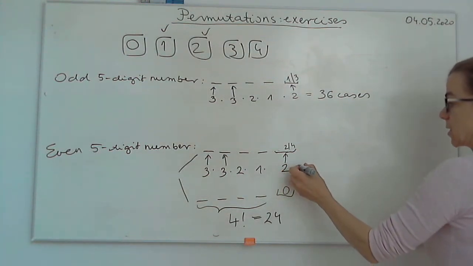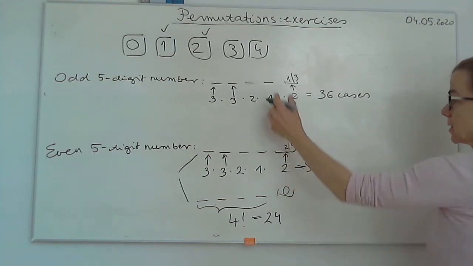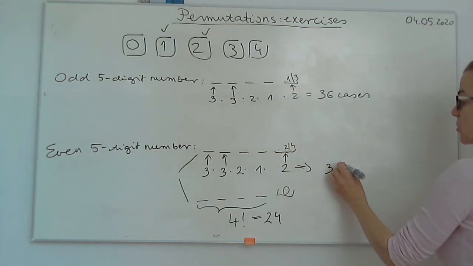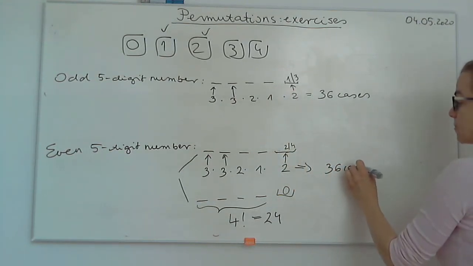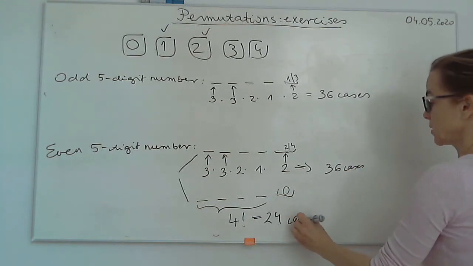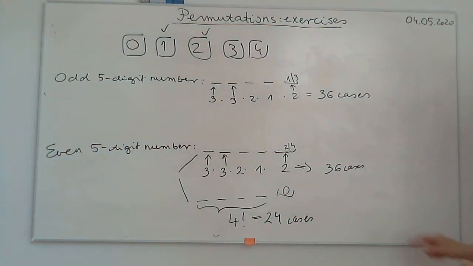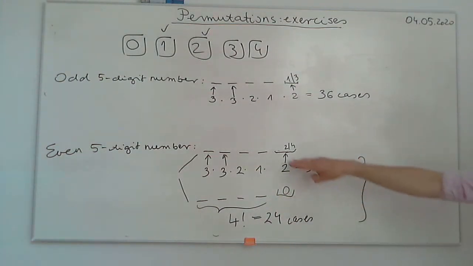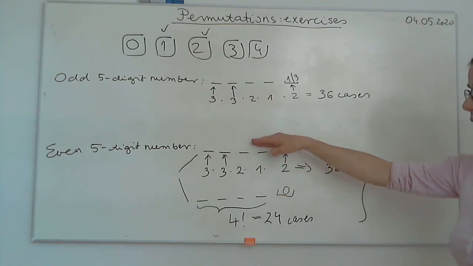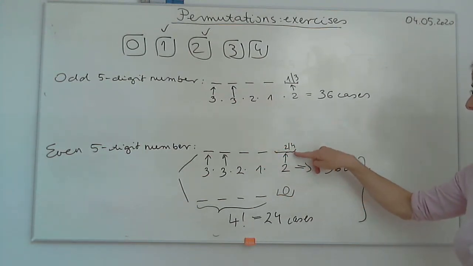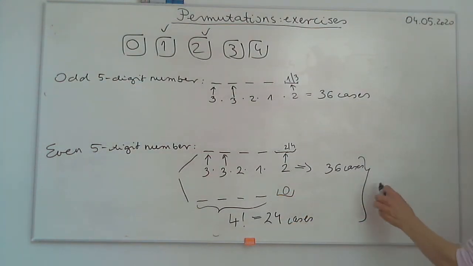So that's 36 cases. And in these cases, we have addition. We have to add them up because they are 2 complementary ways to satisfy the condition of having an even number. So that's 60 possibilities altogether to have an even 5-digit number.